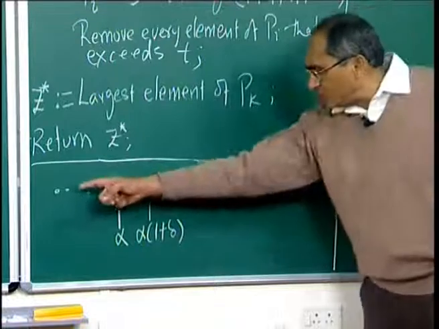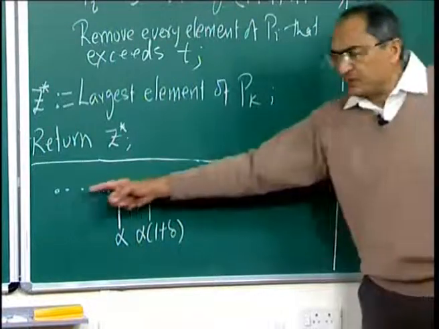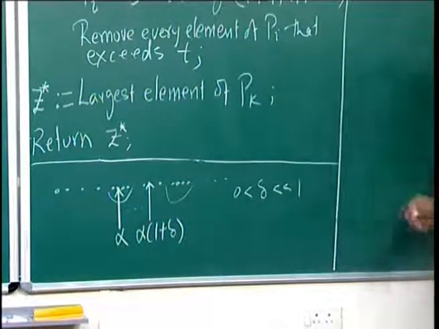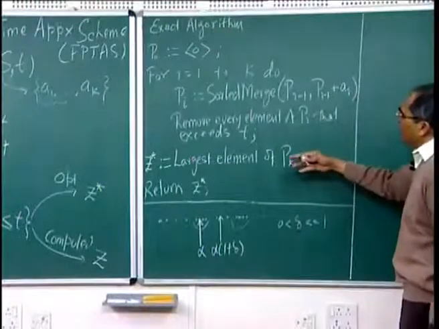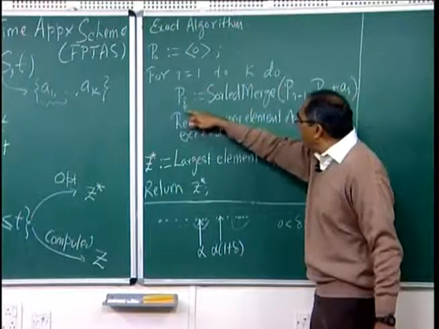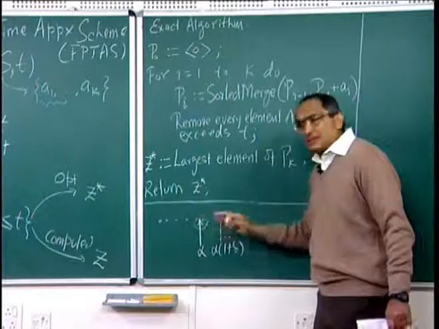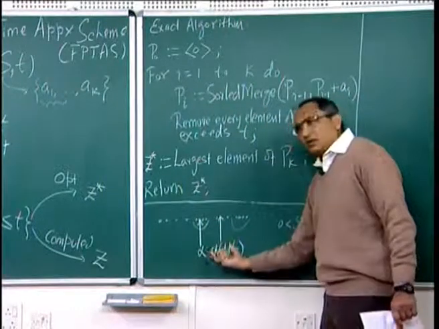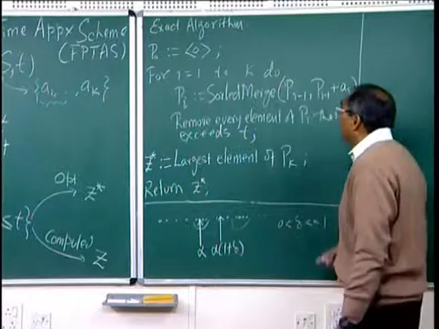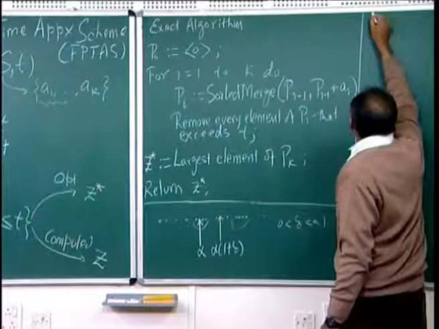That way we will control the population size of this list. So, we will essentially copy this, but on top of it we will add one more condition here, that trim this list so that we do not have numbers which are very close by. So, let me now repeat this.